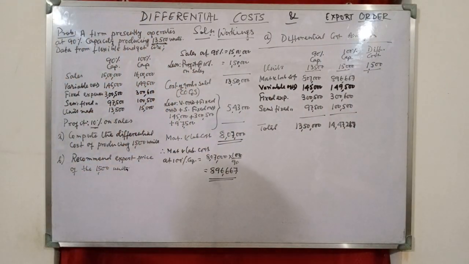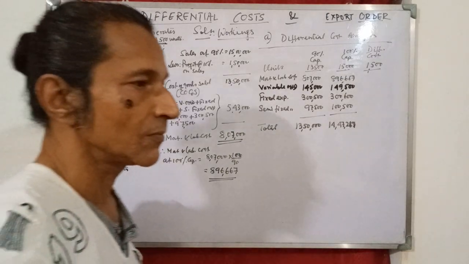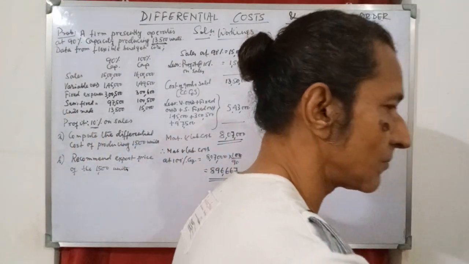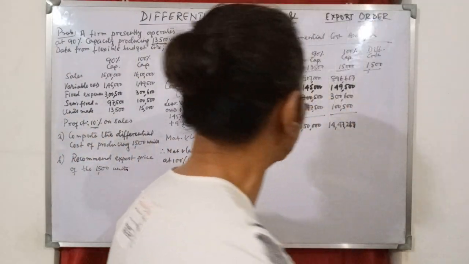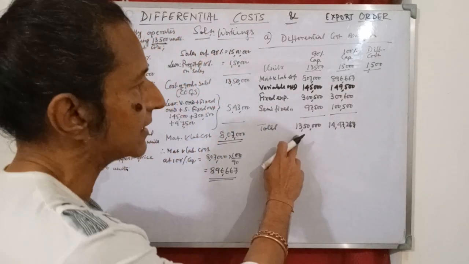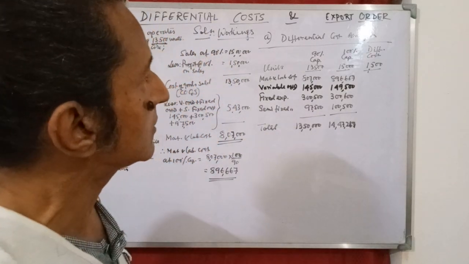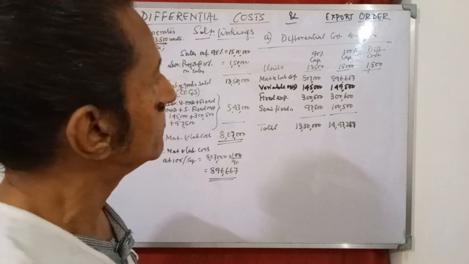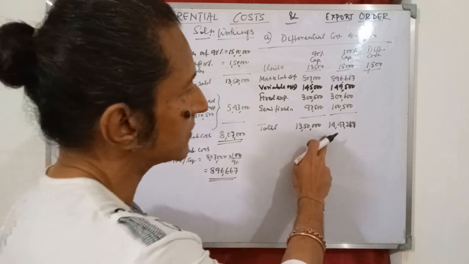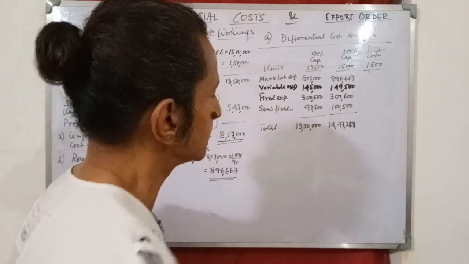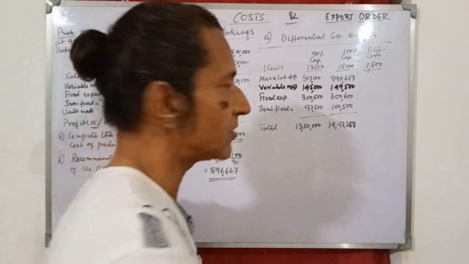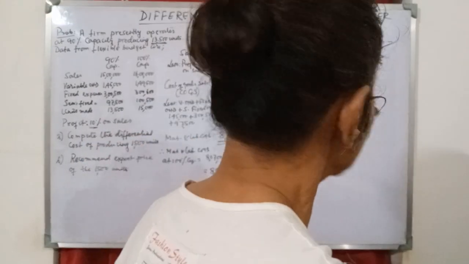So the cost of goods sold, or the total cost of producing 13,500 units, is 13,50,000, and the total cost of producing 15,000 units is 14,47,267. So what will be the differential cost? This minus this.